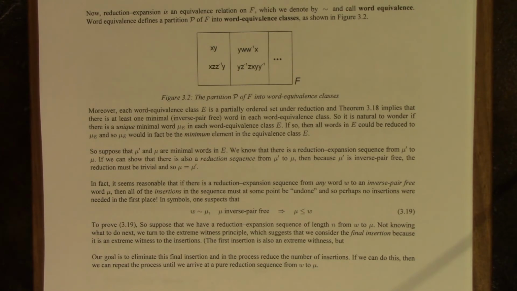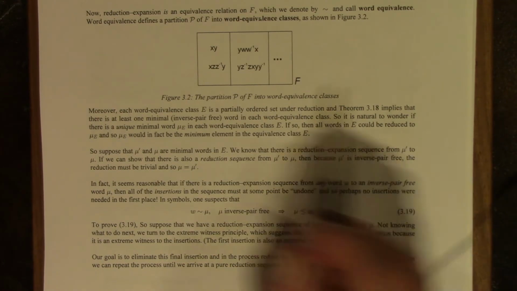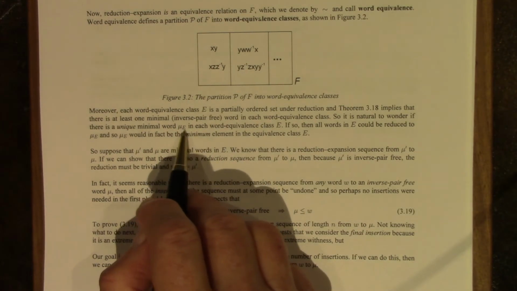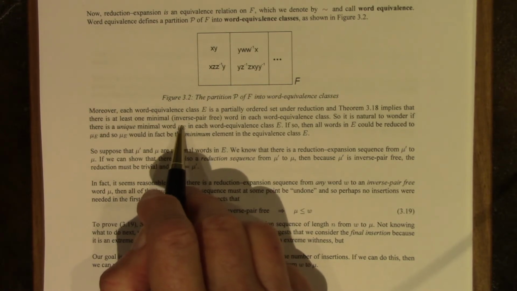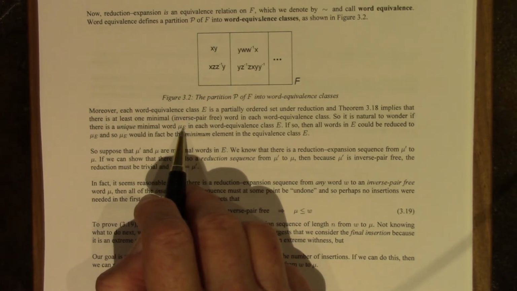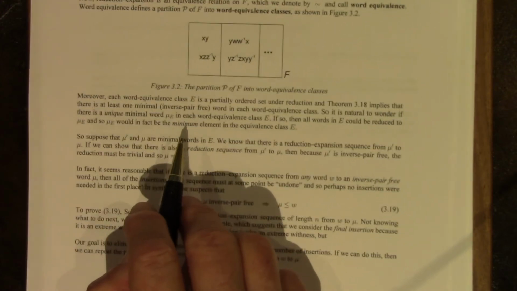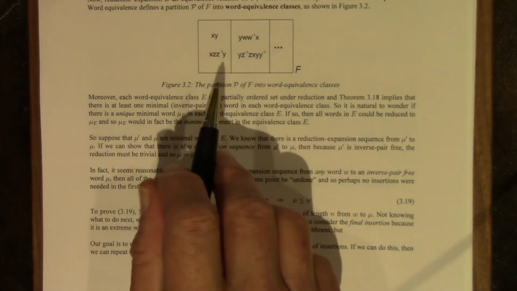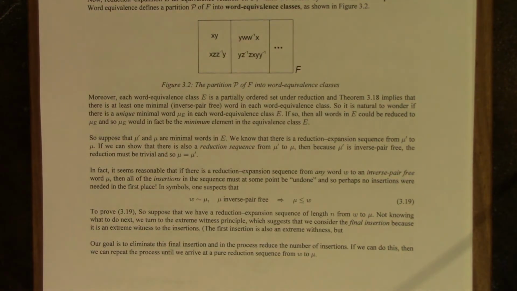Well, then it's natural to wonder if there is a unique word, which I know there's one, mu sub e. Is this unique? If that were true, then all the words in the equivalence class E could be reduced to mu sub e.